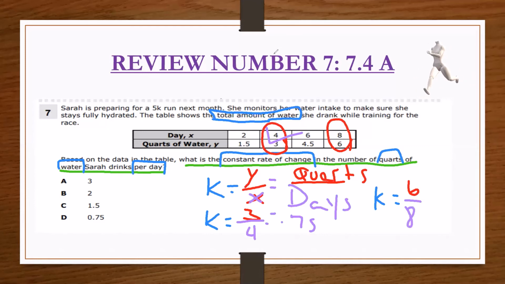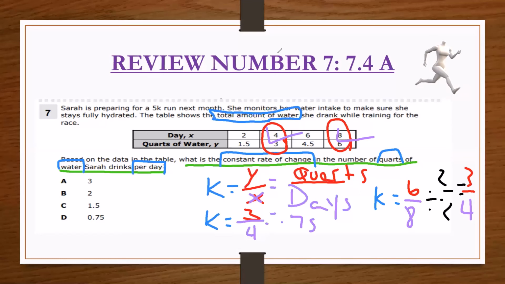Now, when we divide 6 over 8 by 2, top and bottom, we end up with 3/4. And our answer should have been D.